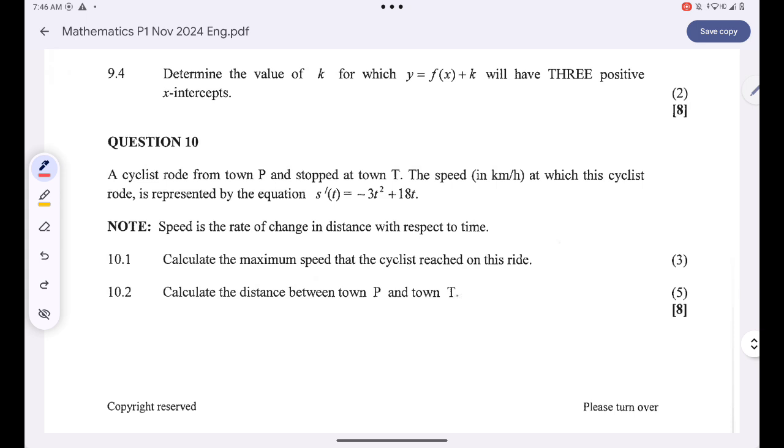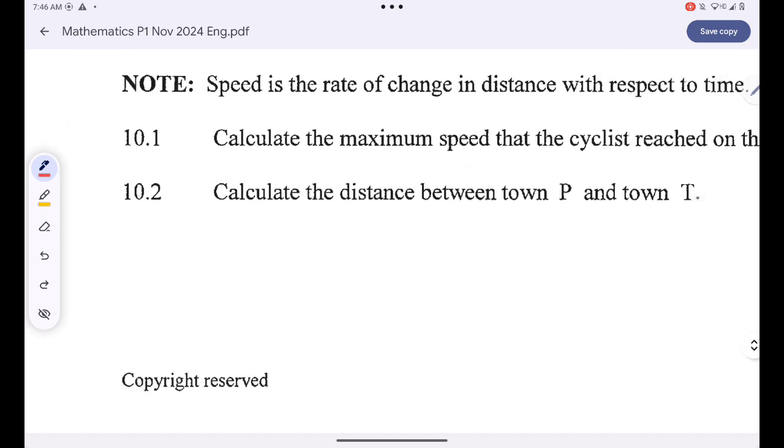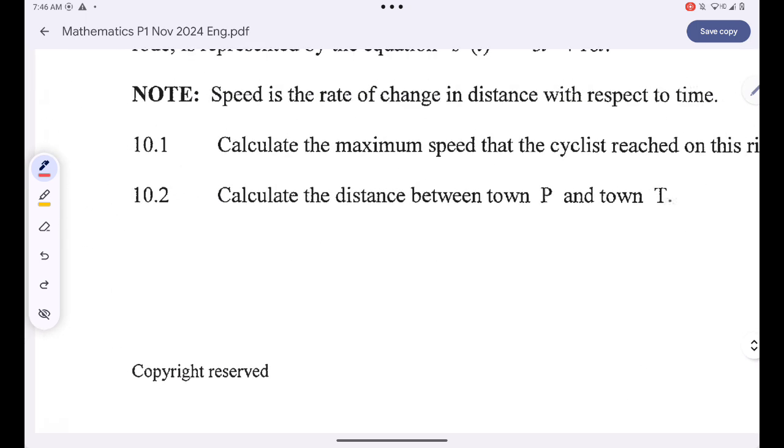Those who are doing physics, guys, are aware of that, because they know that delta y, distance or displacement, is equal to vi delta t plus 1 over 2 a delta t squared.